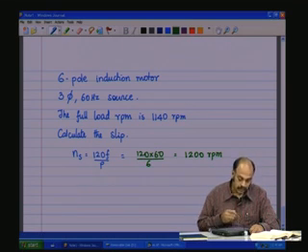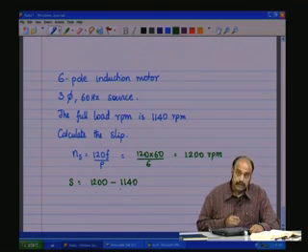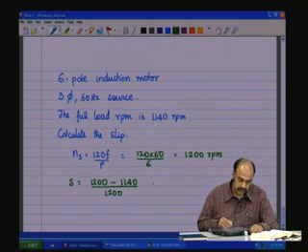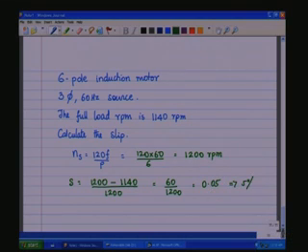Now slip S equals 1200 minus the full load motor RPM, divided by 1200, and this is equal to 60 by 1200, which is equal to 0.05, or 5% in terms of percentage. So this is how one calculates the slip.